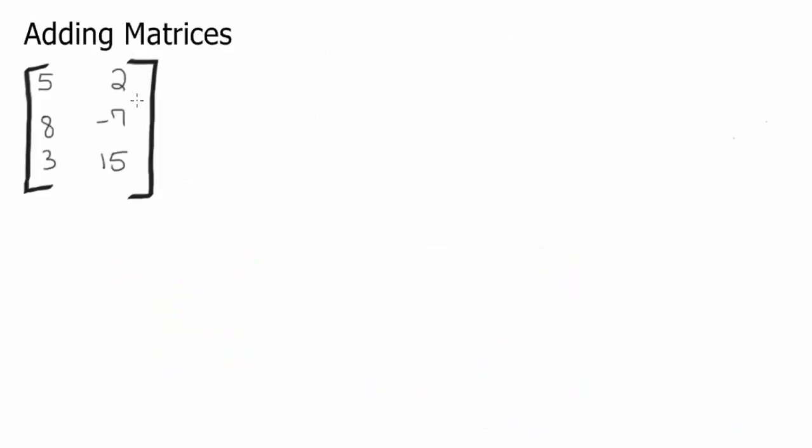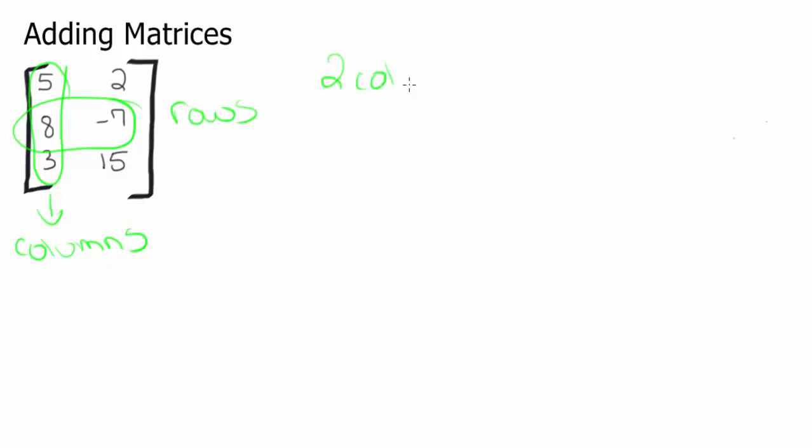Okay, adding matrices. You have to know that the up and down are called columns. The side to sides are called rows. So in this particular one, there are 2 columns and 3 rows.